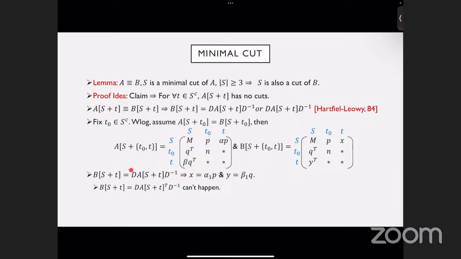Suppose we take the first case, where it is diagonally equal to the submatrix. Then it follows that X is also some scalar multiple of vector P and Y is some scalar multiple of Q. This will be true for all T's which are not present in S. So this will show that S is also a cut of matrix B.